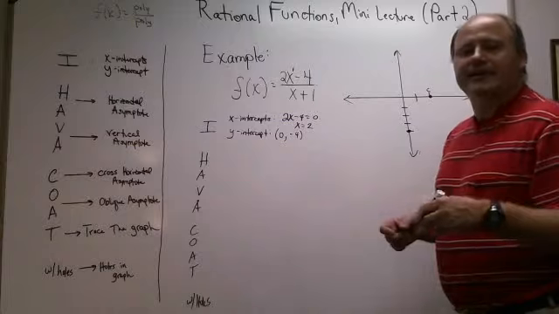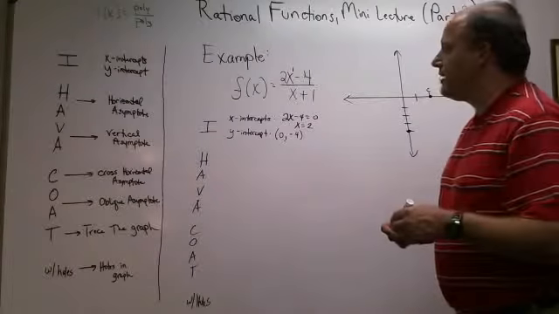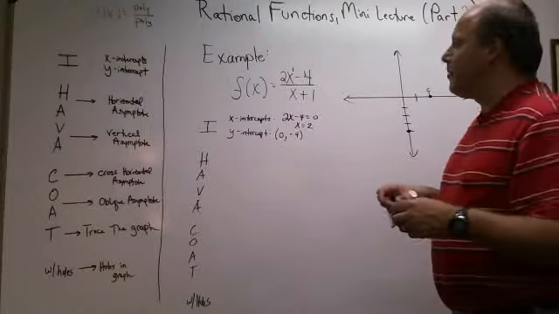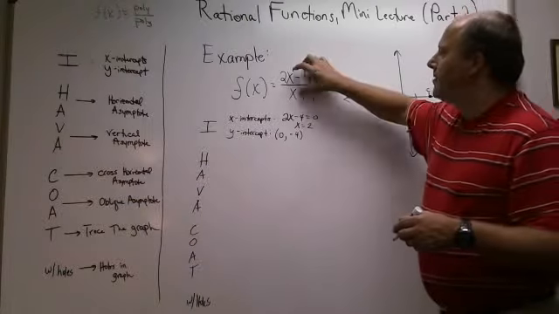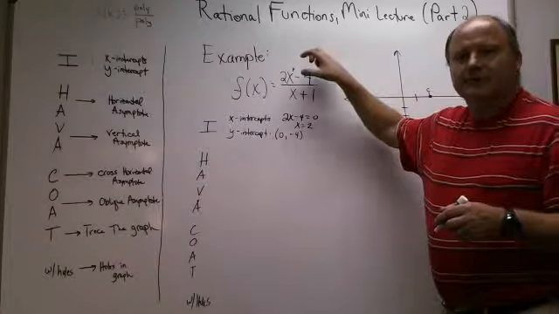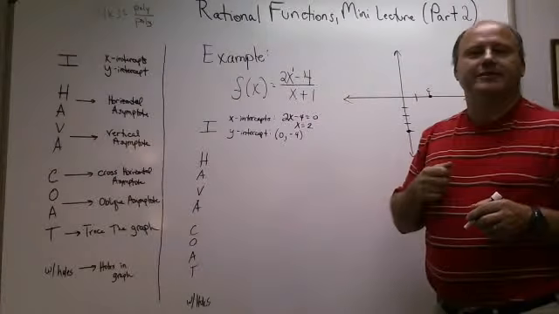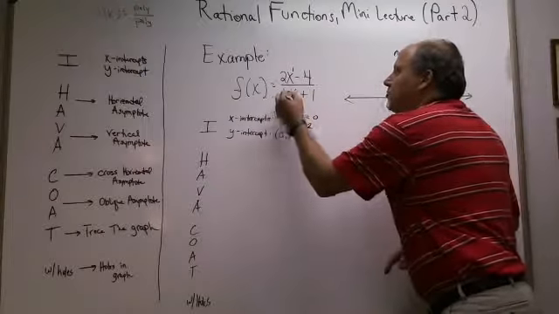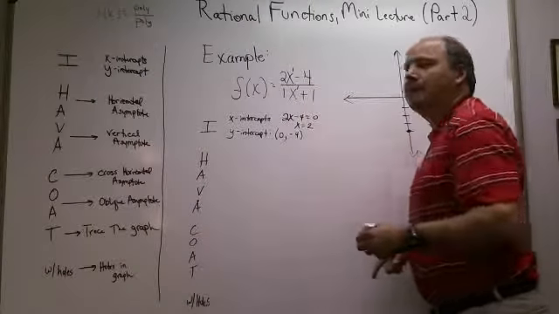Now what we've got to do is have a coat with holes. Now the HA is the horizontal asymptote. Remember what I said in part 1, that if the degrees are the same, you're going to have a horizontal asymptote. So this one does have degrees that are the same: 2x to the first minus 4 over 1x plus 1. So the degrees on both are 1, on top and the bottom.